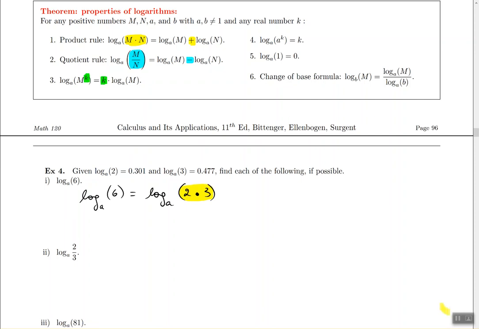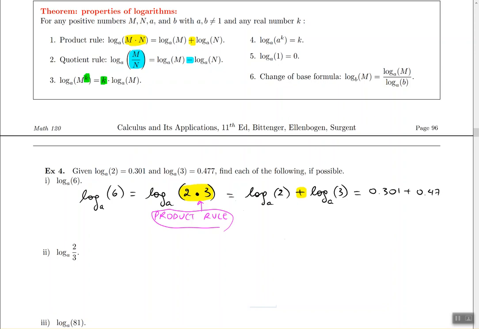According to the rule, I write log base a of 2 plus log base a of 3. When two things are multiplied, we turn the problem into addition. Log base a of 2 is 0.301 and the other one is 0.477. So all I have to do now is put them into my calculator and get the solution.